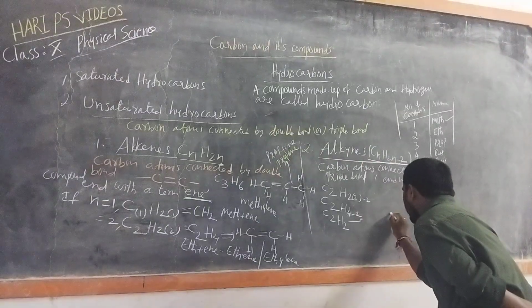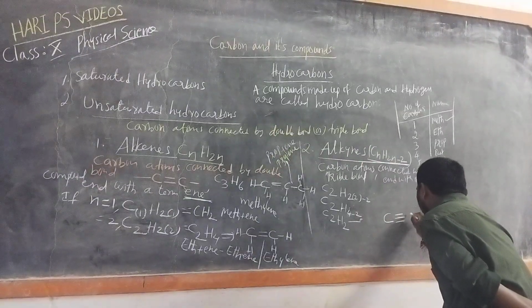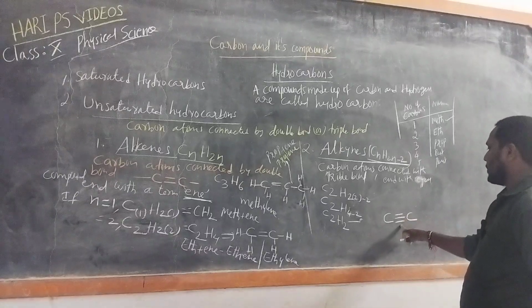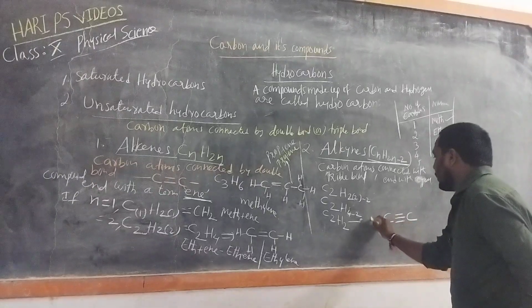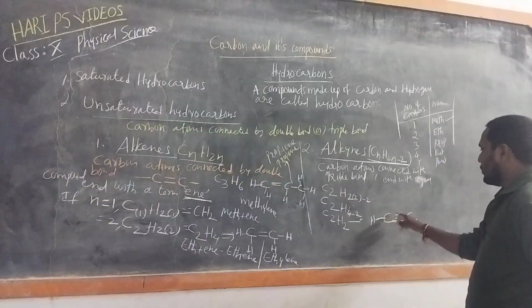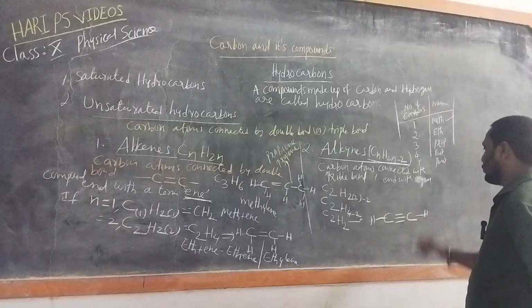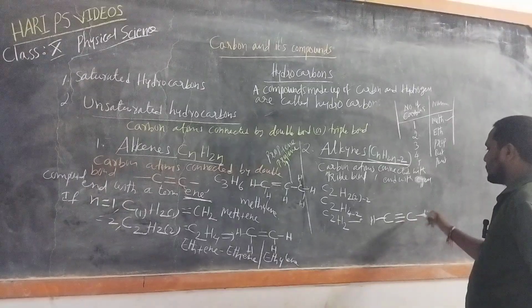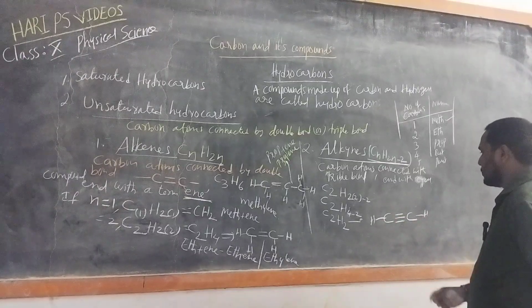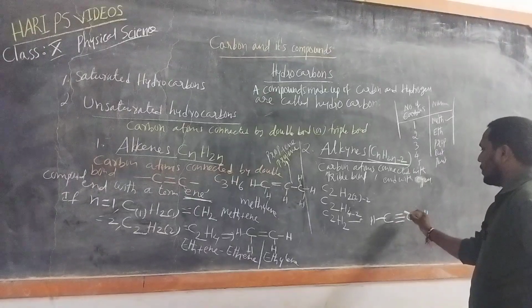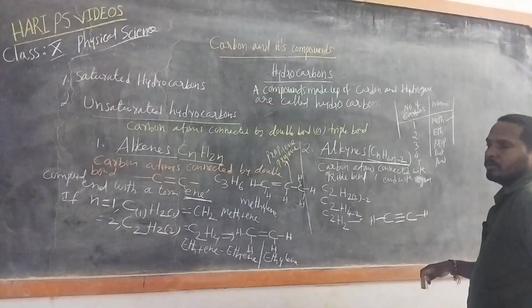So the formula is C triple bond C. How many bonds? 3 bonds. 1, 2, 3. One bond with the hydrogen, 4. Another one with the hydrogen, 1, 2, 3, 4. So it is satisfied for both carbon and hydrogen. How many bonds are there between the carbon atoms? 1, 2, 3.